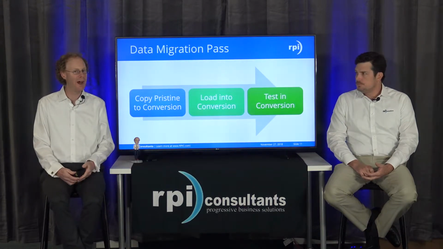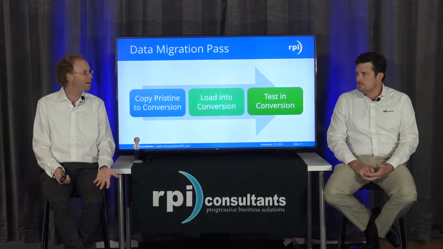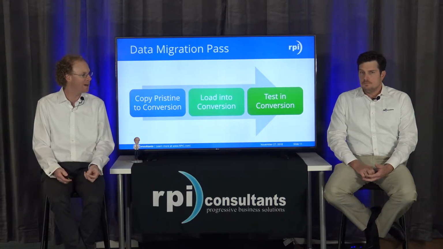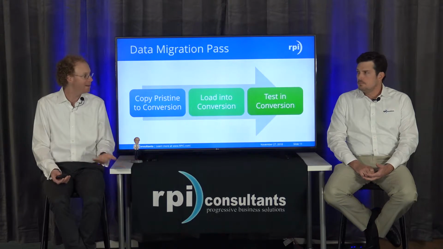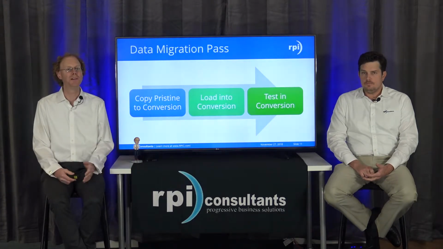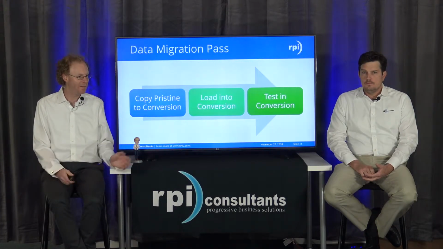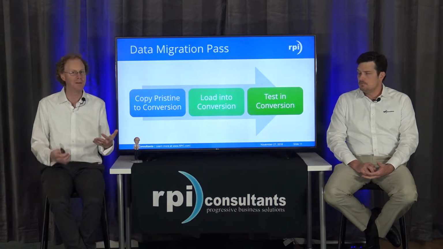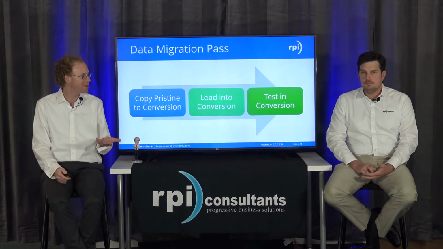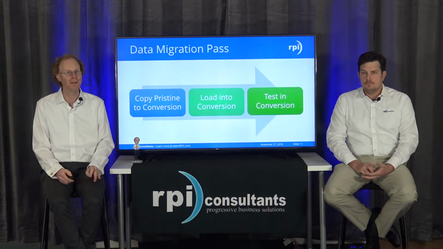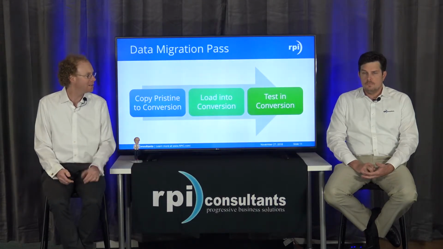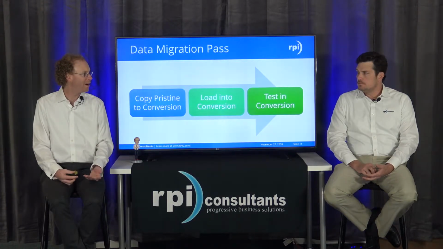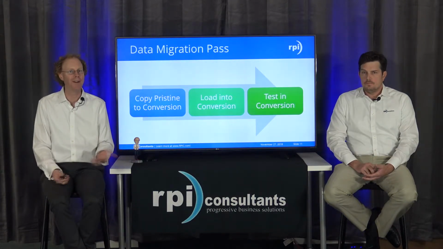Pristine holds our approved configuration, so our base setup of the application, but has no transactional data in it. That lays down our base configuration and gives us a place that we're able to load our conversions into. So we'll perform our data migration, loading data into our target data area, and then that gives us our area to conduct a round of testing.